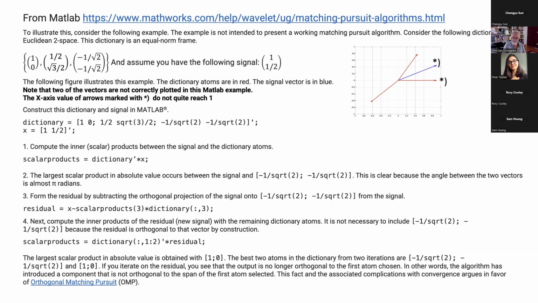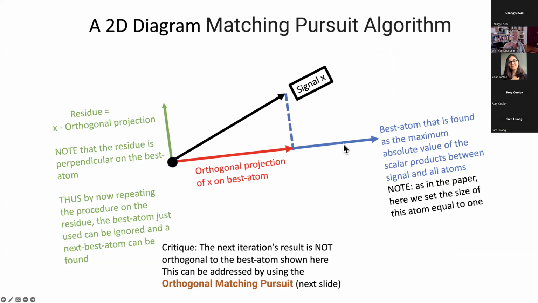I basically show you this in a simple diagram. So let's say that we have our signal X, or the first or the second or the third residual, that doesn't matter, but this is the target that we want to fit. We then find the best atom. Let's say that this is the best atom that we find.